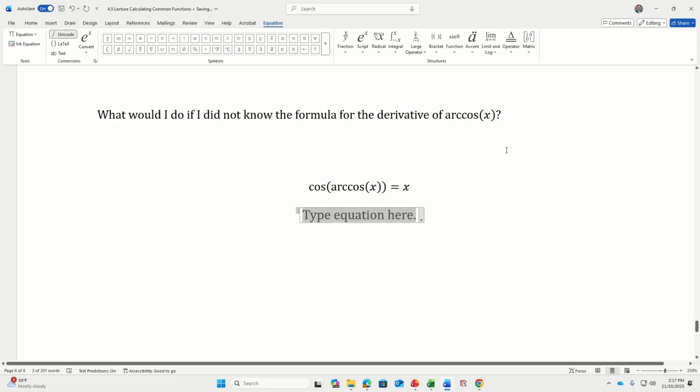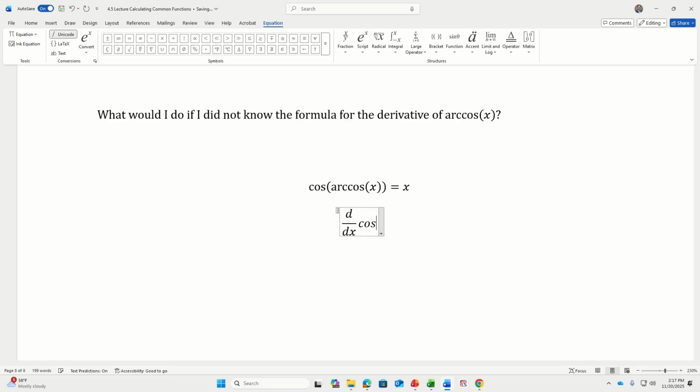The next step would be to take the derivative of cosine of arc cosine of x. And this requires the chain rule, which says first we take the derivative of the outside function. So we take the derivative of the cosine. The derivative of cosine is negative sine, and we're going to leave the arc cosine alone.